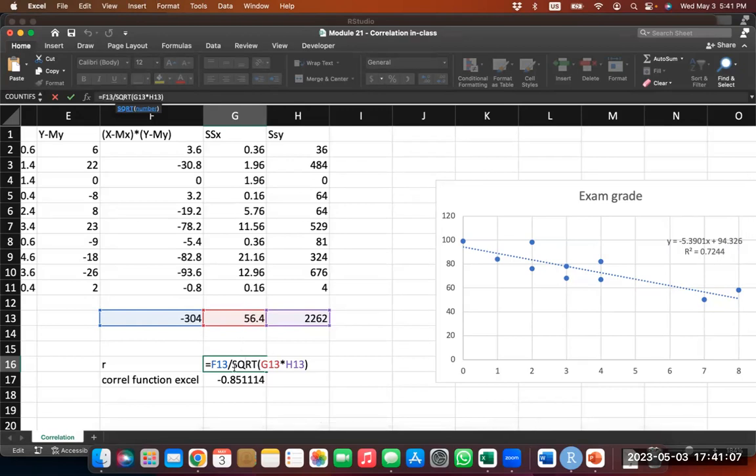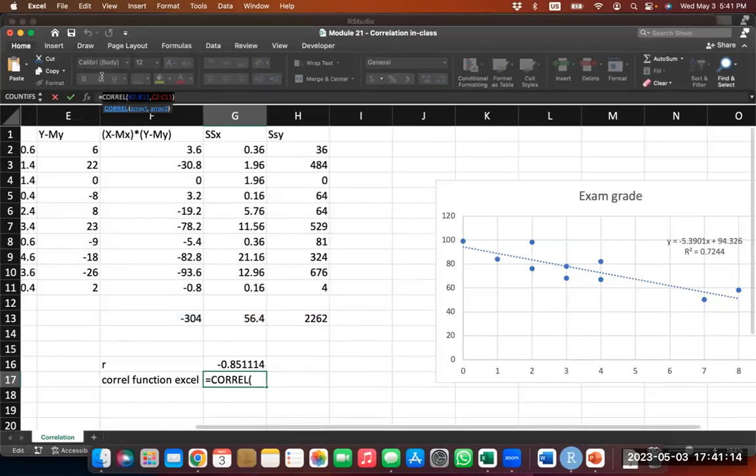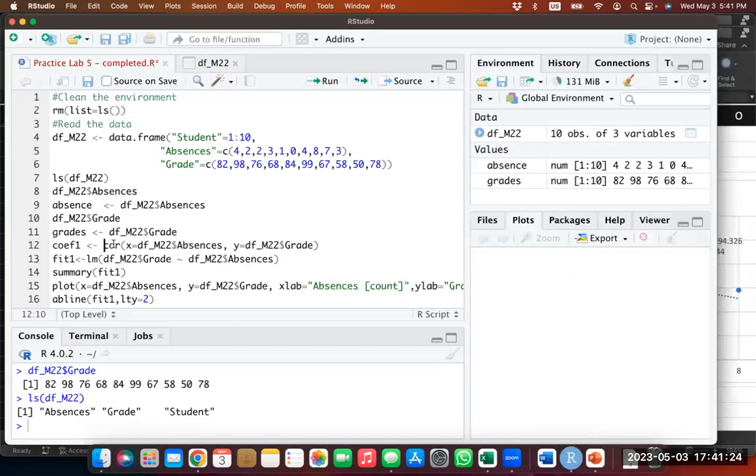In Excel, you can do this simply with the CORREL function, right? And we discussed the CORREL function in module 21. You can do the same in R with the cor function.